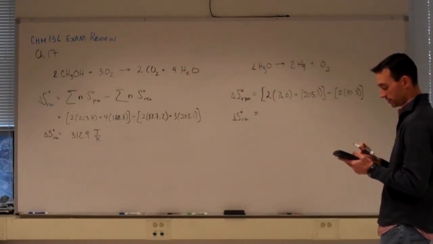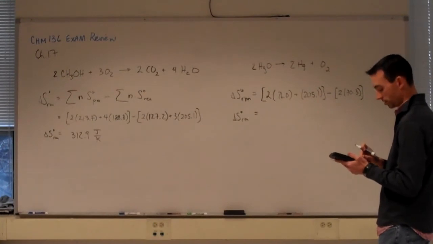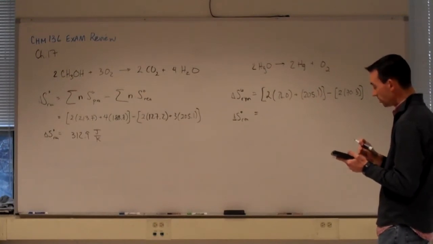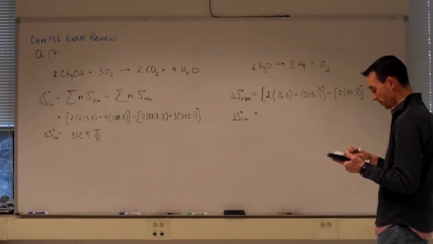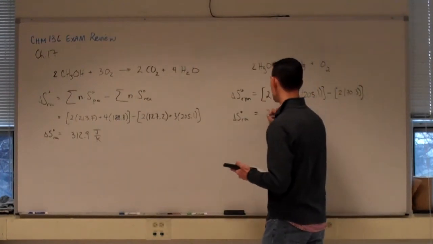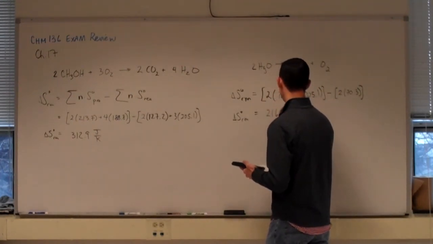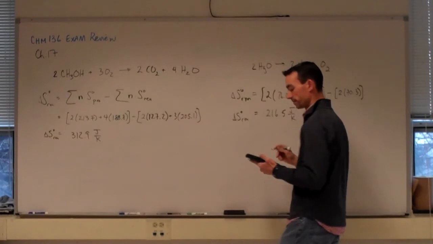So 2 times 76 plus 205.1 minus 2 times 70.3. And we come up with 216.5, again with a plus sign there, joules per Kelvin.